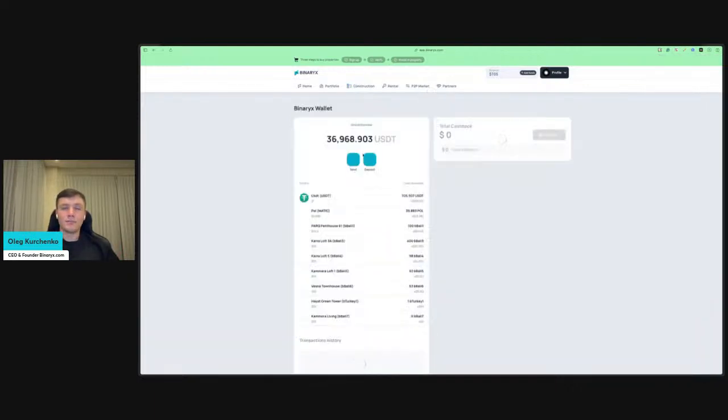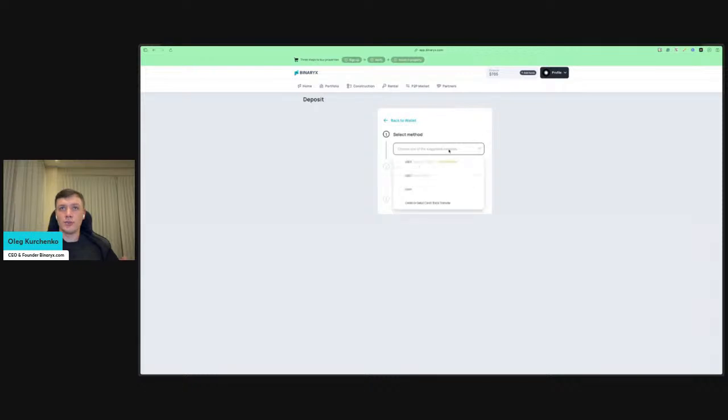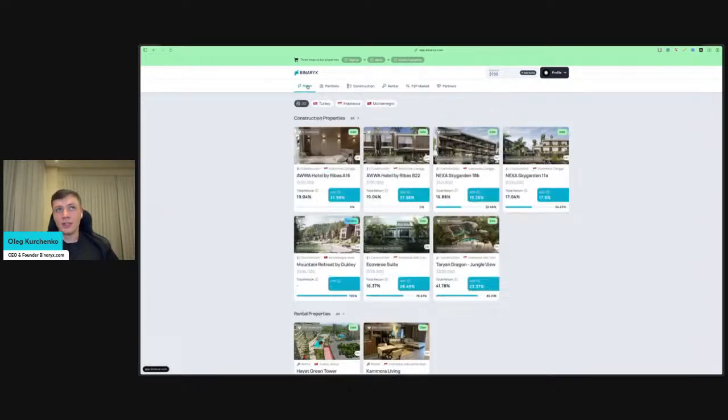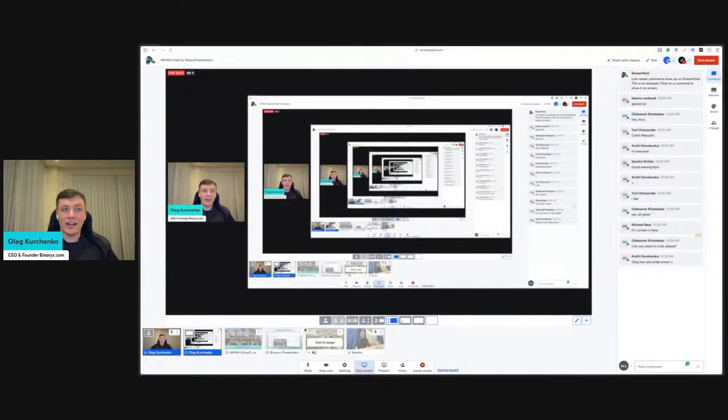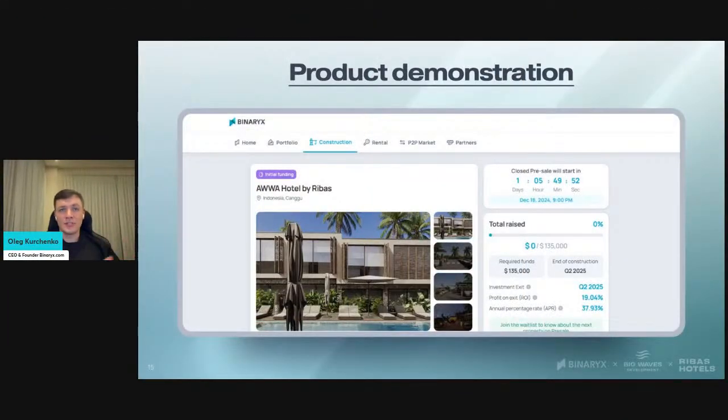And here you can click the deposit button and choose the method of payment that you would like to use for the investments. It can be crypto USDT, a credit card, or any other payment methods that will be available for your region. So that's how the platform looks like. And I hope you will go right now after our presentation and see it by yourself.